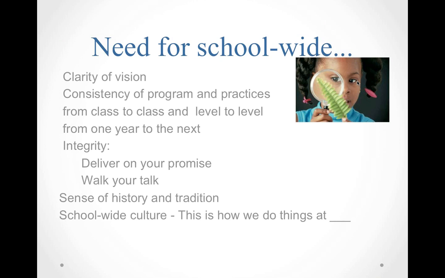So we would argue that your school needs to have clarity of vision. And you need to have some way of creating a pretty darn coherent, consistent program and practices from class to class, level to level, and year to the next. And you have to have integrity, which means deliver on your promise.